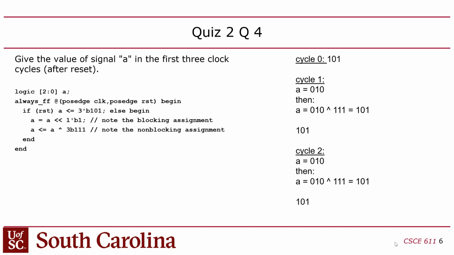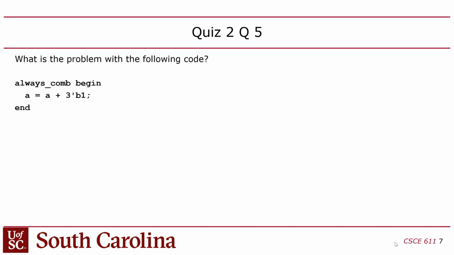So 101 becomes 010, and then we XOR it with 111, which just flips all the bits. So 101 becomes 010, but then it becomes 101 again because we invert all 3 bits by XORing it with 1s. And so it'll just stay at that value. Basically, it just stays at 101 forever. It never changes. So 101, 101, 101.